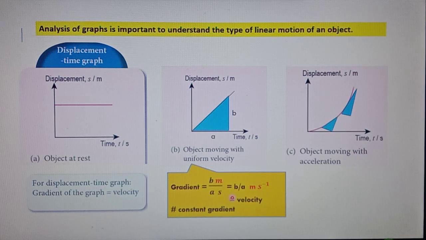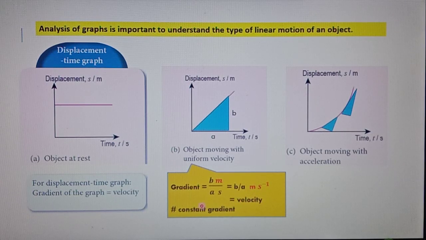Thus, we get the gradient equals b over a, and the unit is meter second to the power -1. As you can see, this unit we have discussed in Chapter 1. This unit, meter second -1, is a unit for velocity.